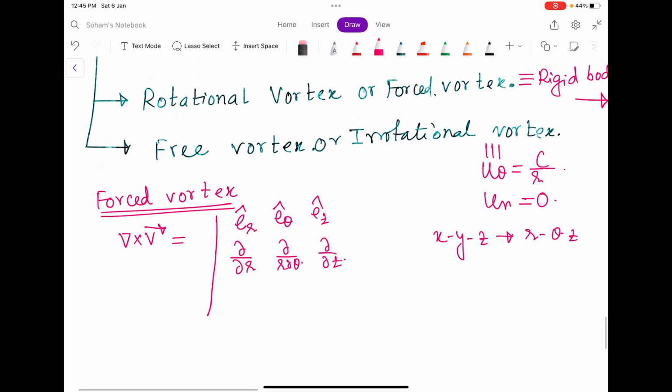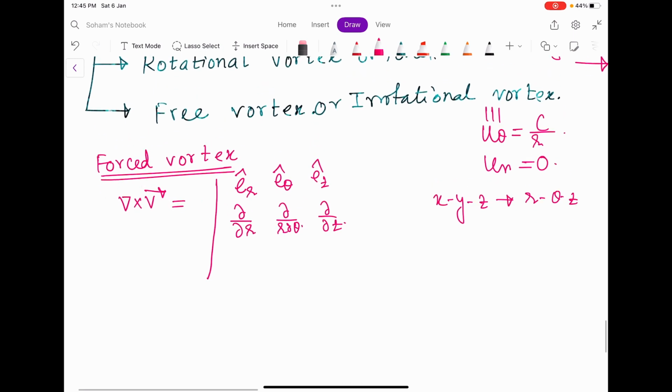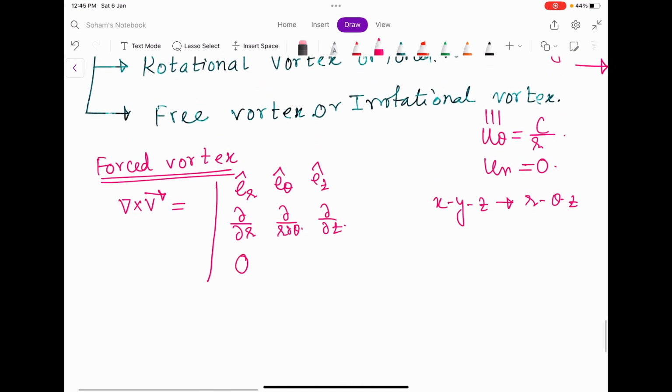Now for forced vortex, u_r equal to 0, u_theta equal to c into r, and u_z is 0.